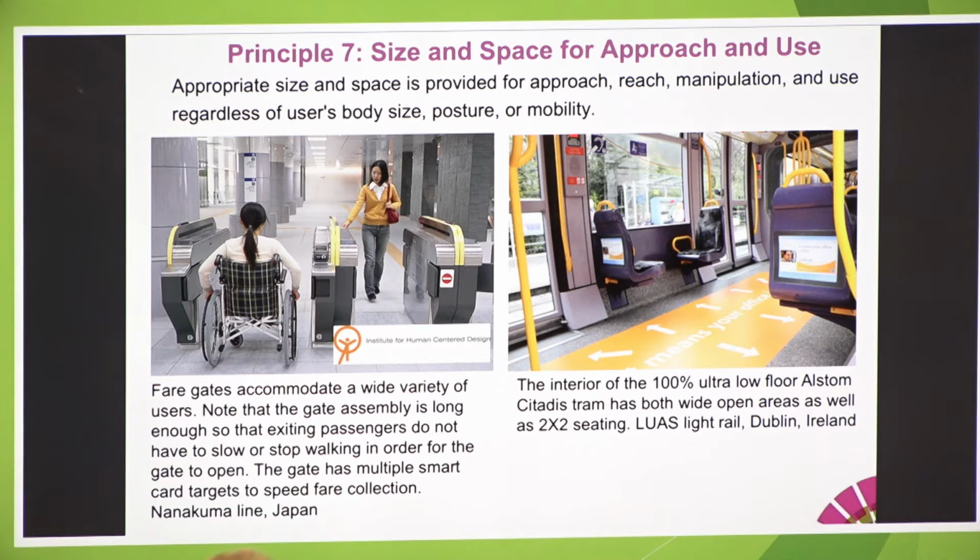So like doorways should be at least 34 inches wide for clear space. Door handles should be 34 to 38 inches from the floor, and hallways and passageways should be a 42-inch clear minimum.